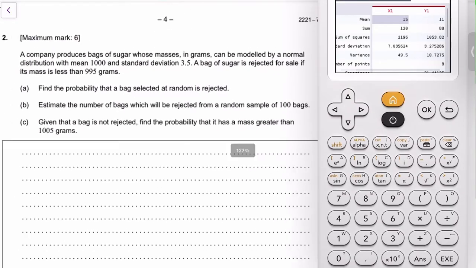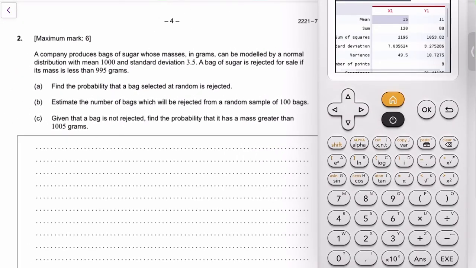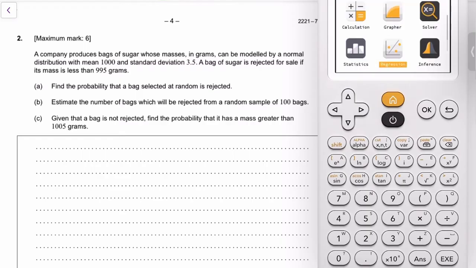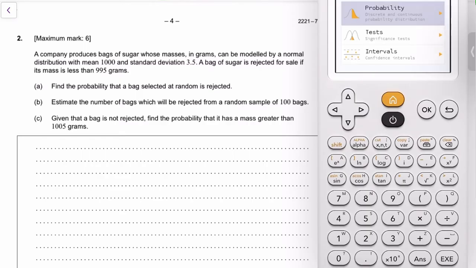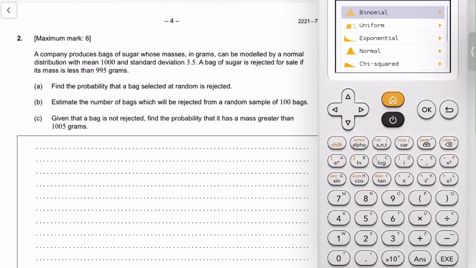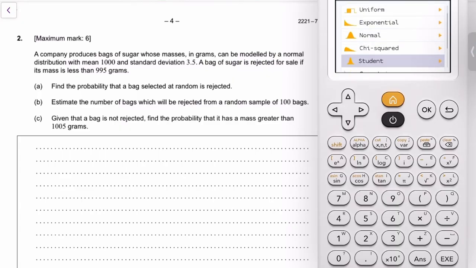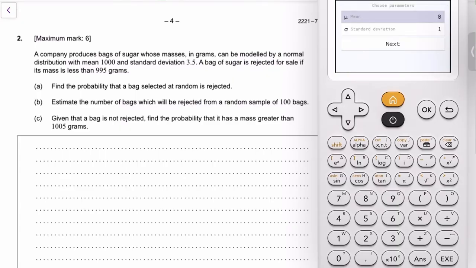Question 2. Quite a simple normal distribution question. They give you the mean and the standard deviation. The thing is rejected if it's less than 995.